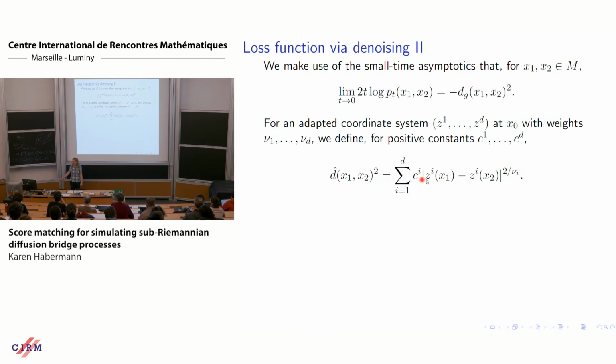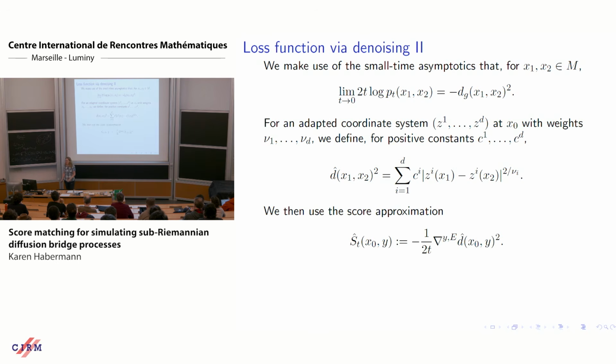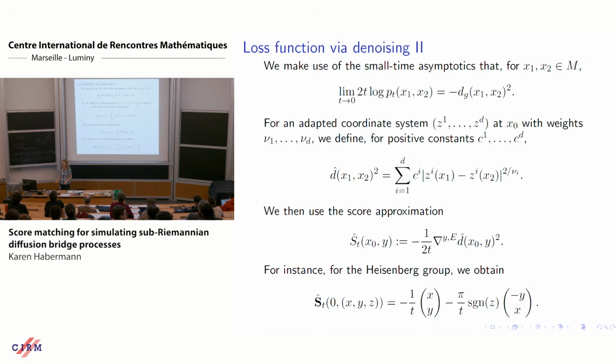Then you can write down this d hat distance, which is Lipschitz equivalent to your Carnot-Carathéodory distance, so not too far away from it. And what we can use as an approximation for the score is just the log gradient of this d hat instead, and then we need to respect the scaling which we needed for our small-time asymptotics to actually recover the thing. And for the Heisenberg group, this can be computed explicitly.